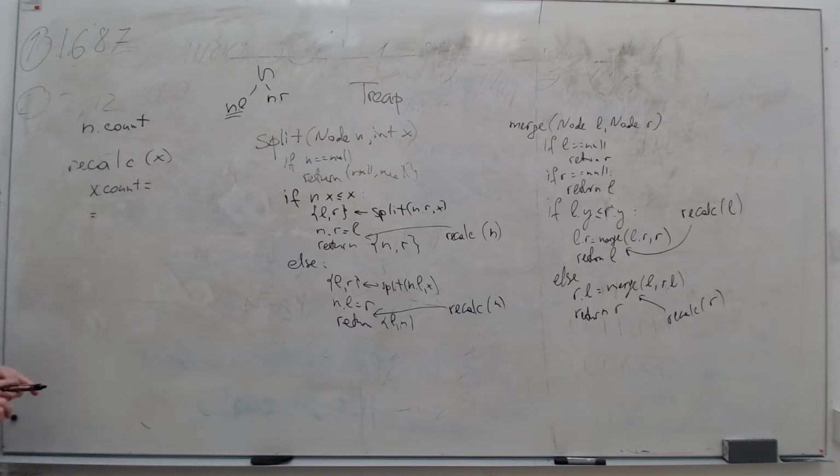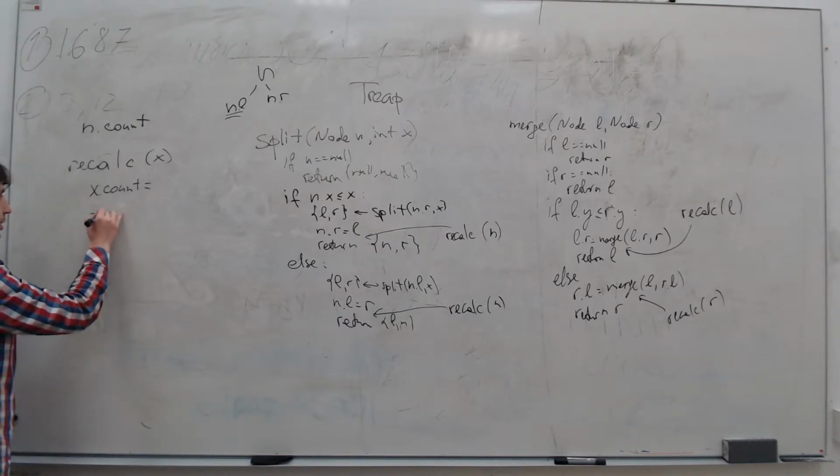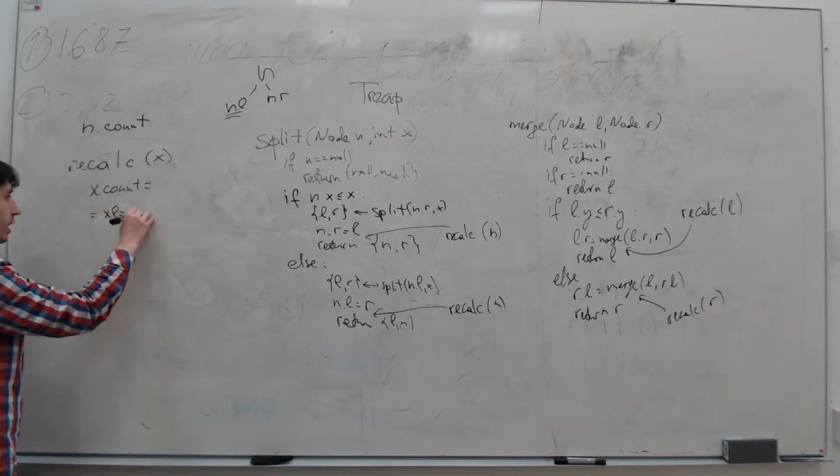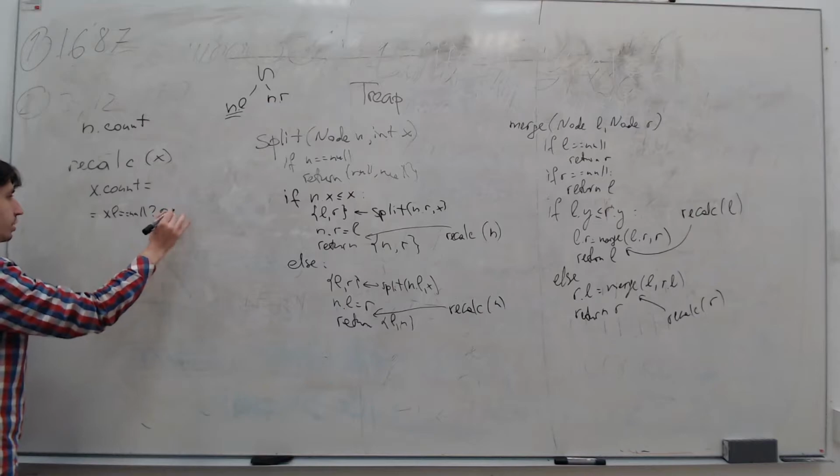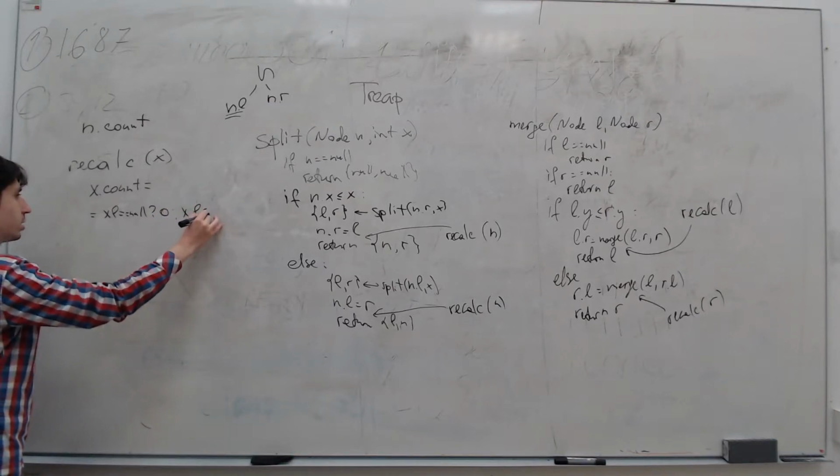Of course it will be a little bit complicated, because if x.l equals null, then we should return 0, otherwise we return x.l.count.